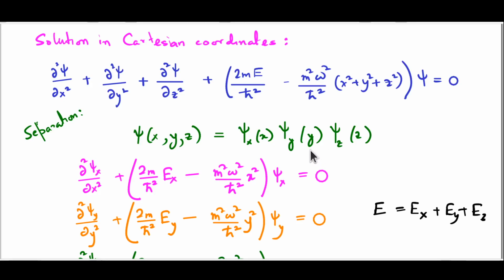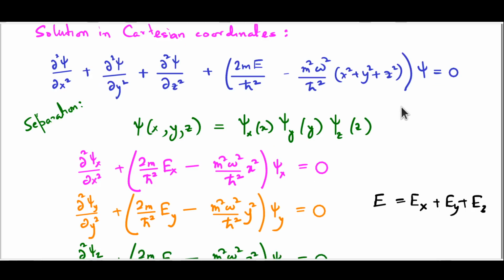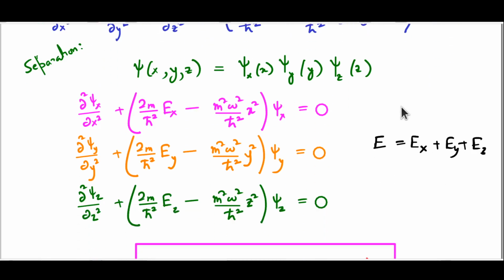If you plug this into this equation up here and follow the standard procedure for separation of variables, it's very easy to see that this equation will split into three independent equations, one each for x, y, and z. The three equations will look almost identical, except that the energy parameter in each will be Ex, Ey, and Ez respectively, and of course the coordinate will be x square, y square, z square, and the dependent variable will be psi x, psi y, and psi z.